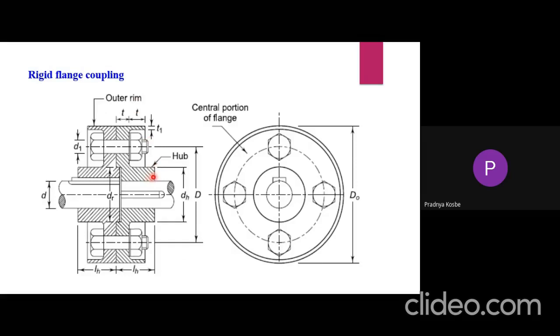This is a hub portion. Hub is nothing but what? Extended portion of the flange arm. This is a hub portion having diameter DH. H for a hub.